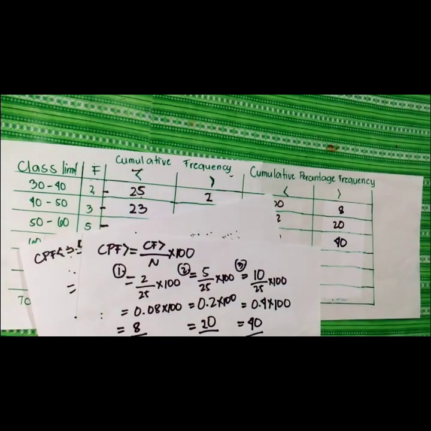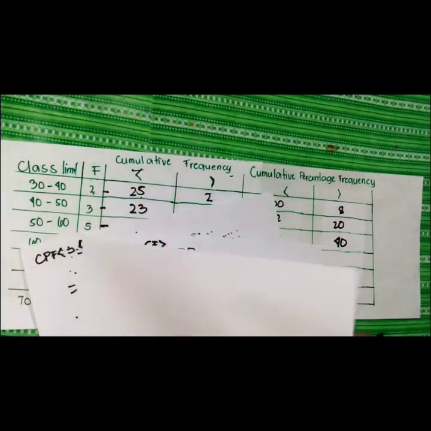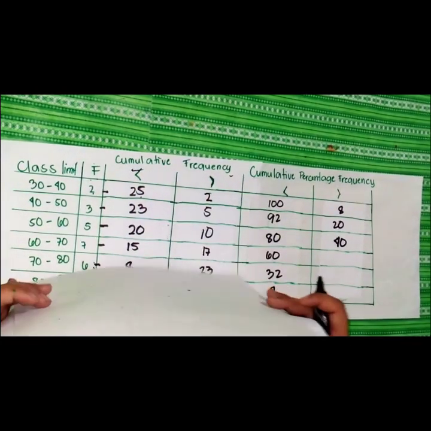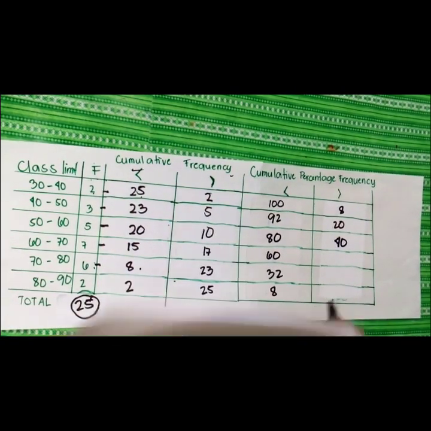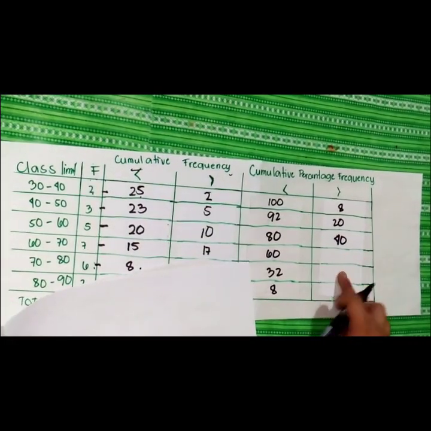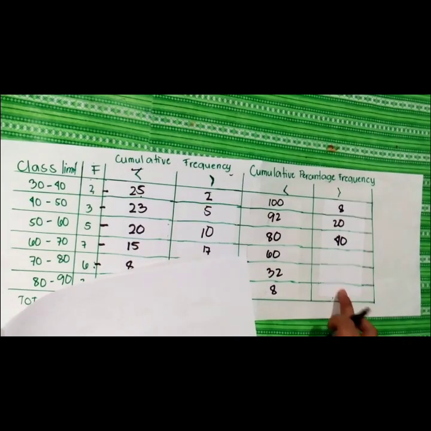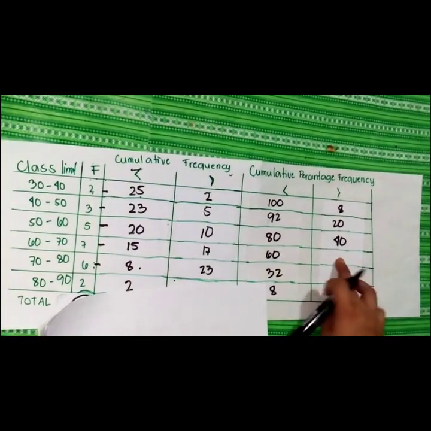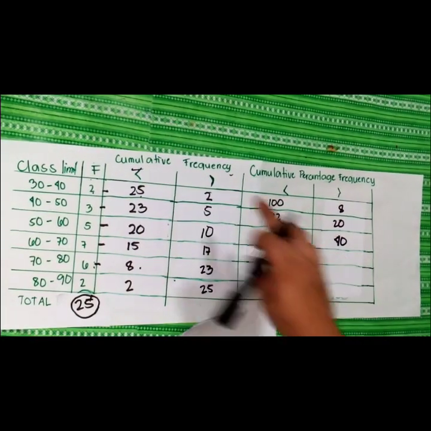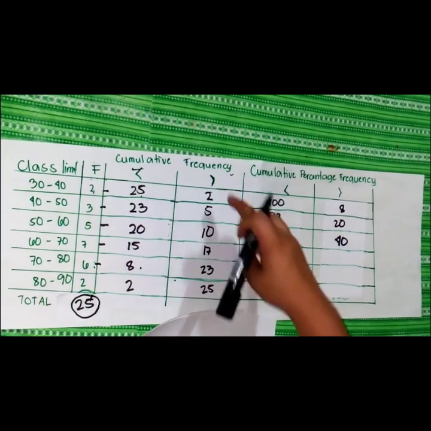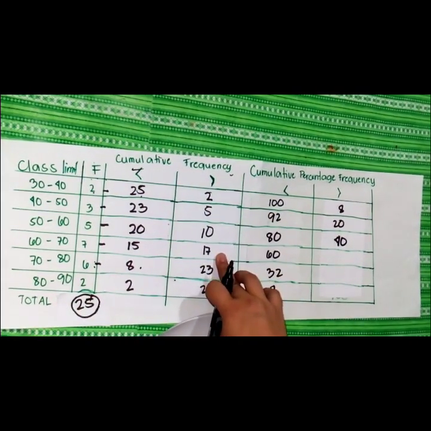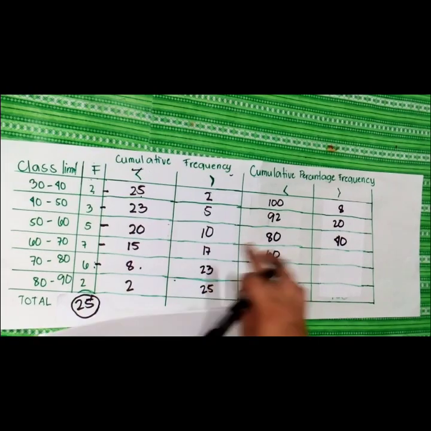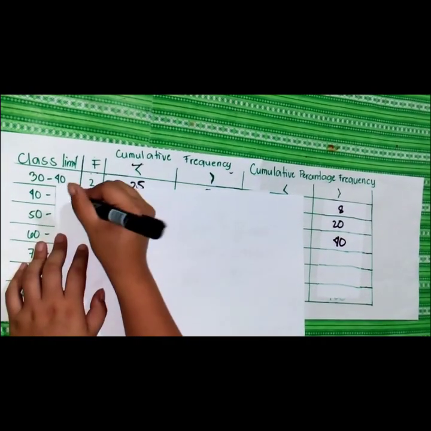So another example to get the answer again in the fourth, fifth, and sixth row. So in our cumulative frequency greater than, we have a number of 17. So we will write the formula first.